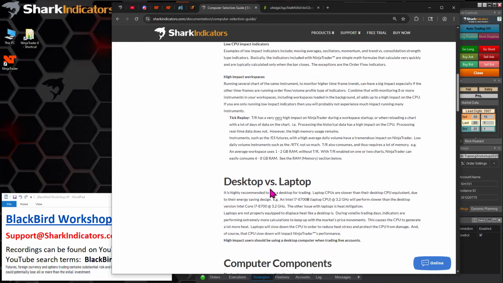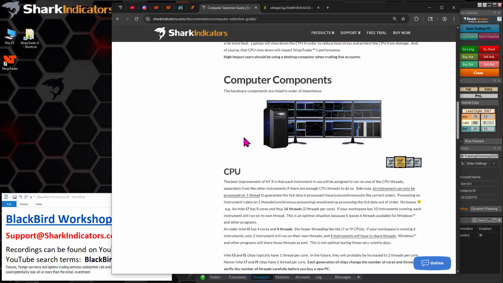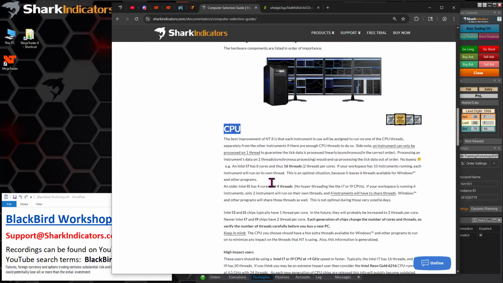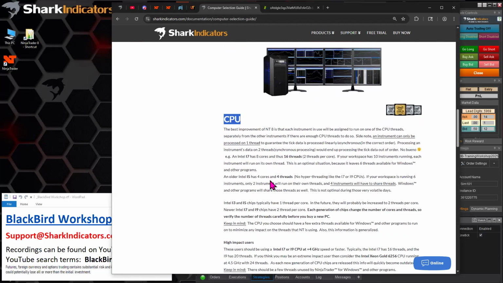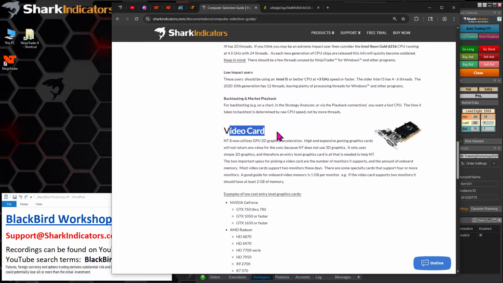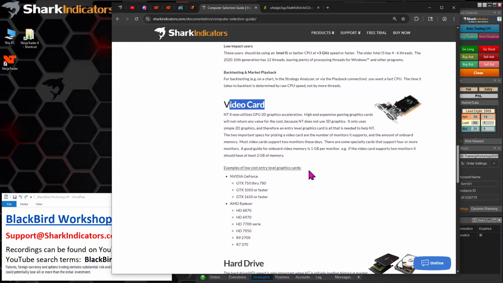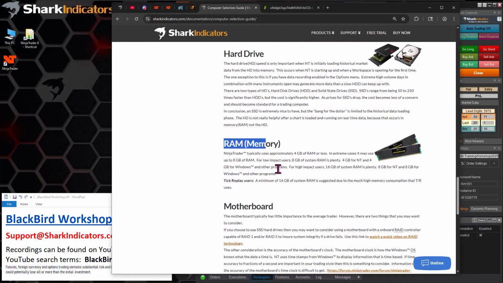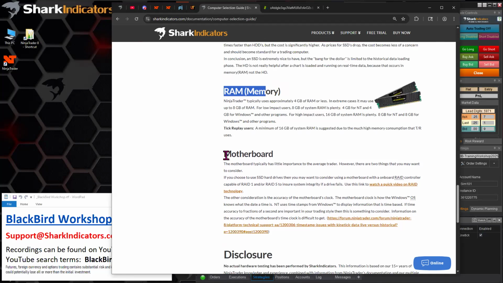As you go down, here's all the components and what parts of NinjaTrader the CPU benefits, and what the video card does for NinjaTrader, which is not much actually, and then the hard drive. How does the hard drive improve NinjaTrader? And the RAM and the motherboard.